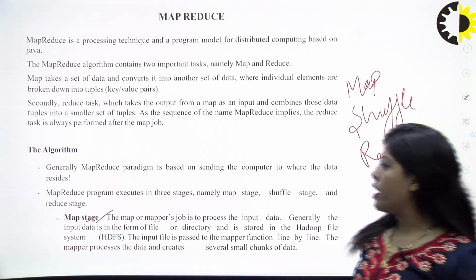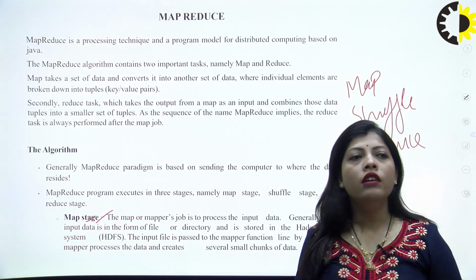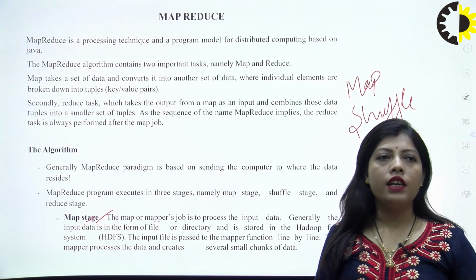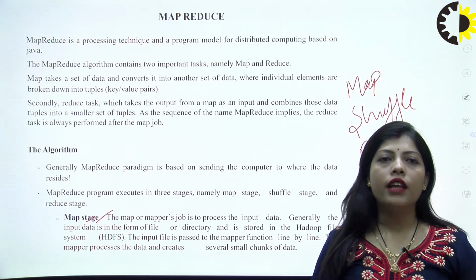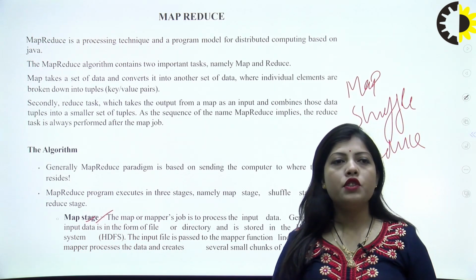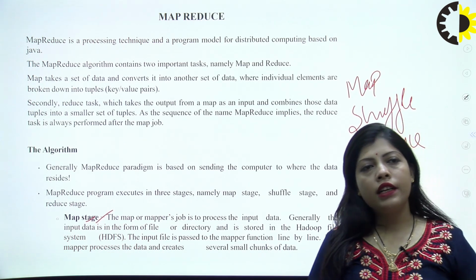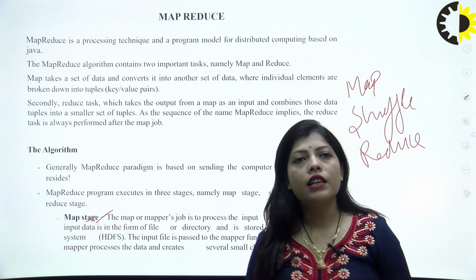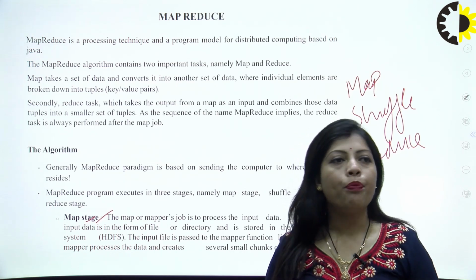In the map stage, the mapper's job is to process the data. Generally, the input data is in the form of a file or directory, and it is stored in the HDFS, Hadoop file system. The input file is passed to the mapper function line by line. The mapper processes the data and creates small chunks of the data.